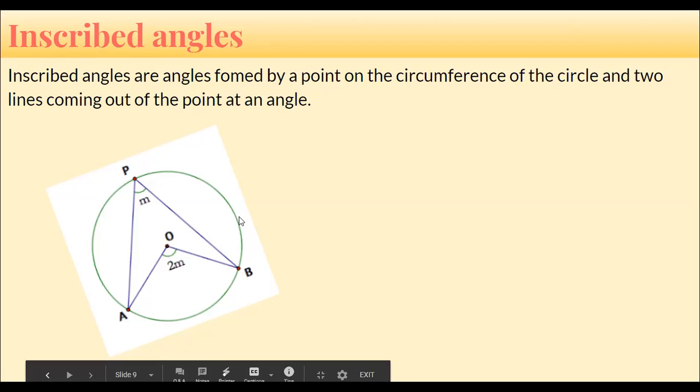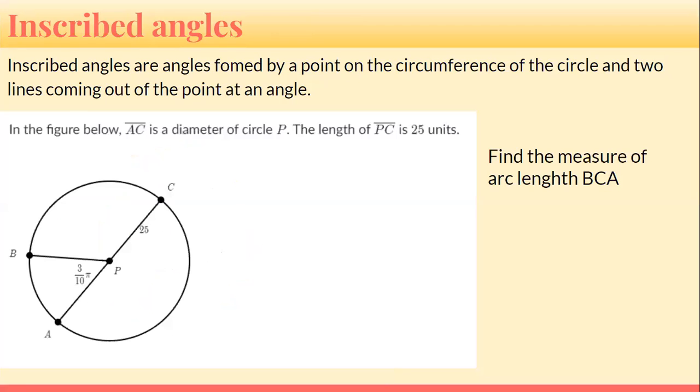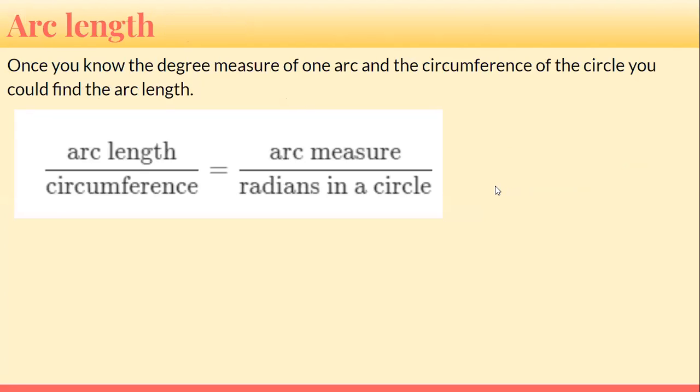So now let's look at this problem right over here. It's a bad boy problem. This is a complex problem. First of all, I want you guys to try it on your own. I will give you 3 minutes to solve this problem. Essentially, you need to find the measure of arc length BCA.